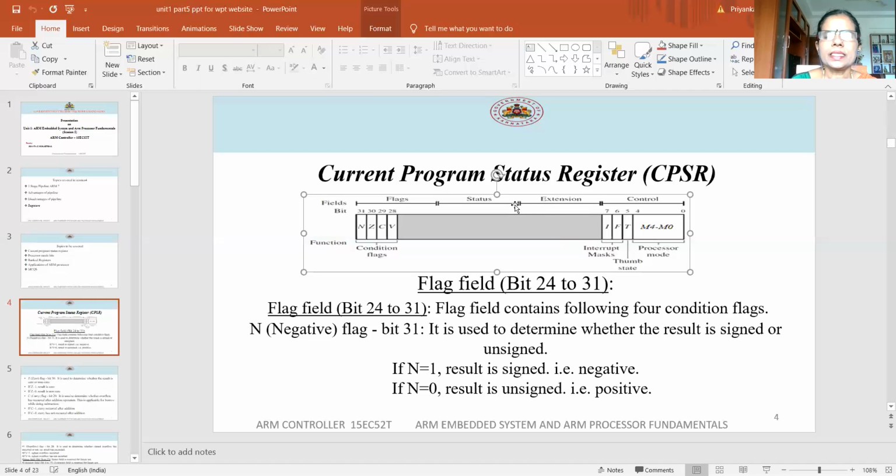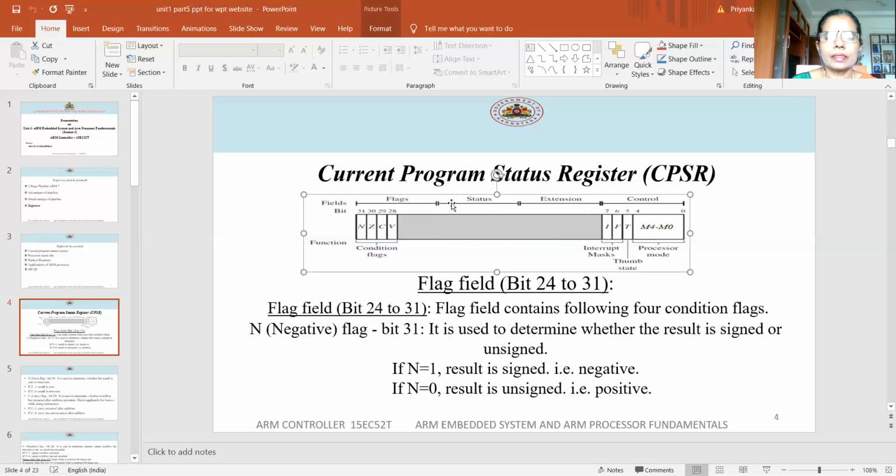Next, bits 16 to 23: 16, 17, 18, 19, 20, 21, 22, 23. These 8 bits are called the status field, and they are reserved for future use. Extension field and status field are reserved for future use.